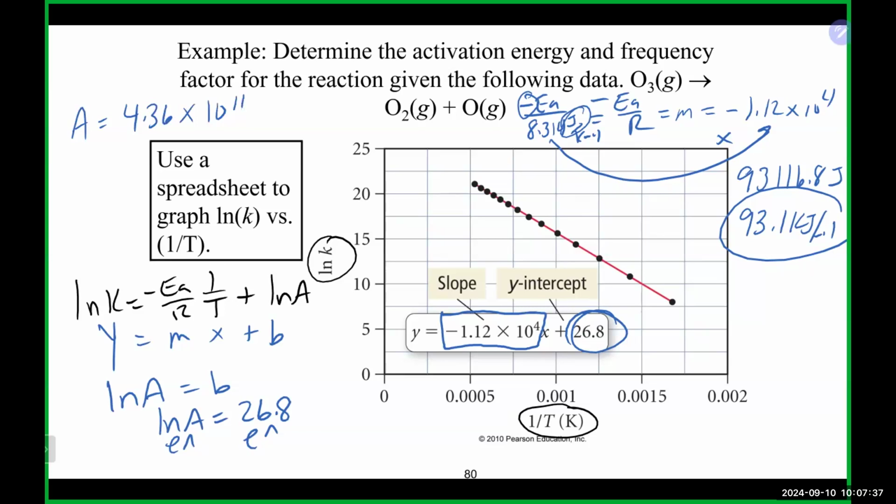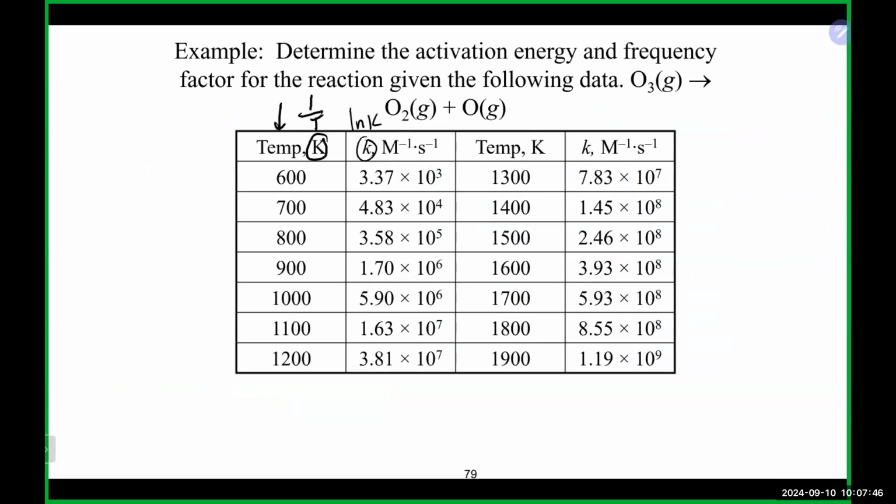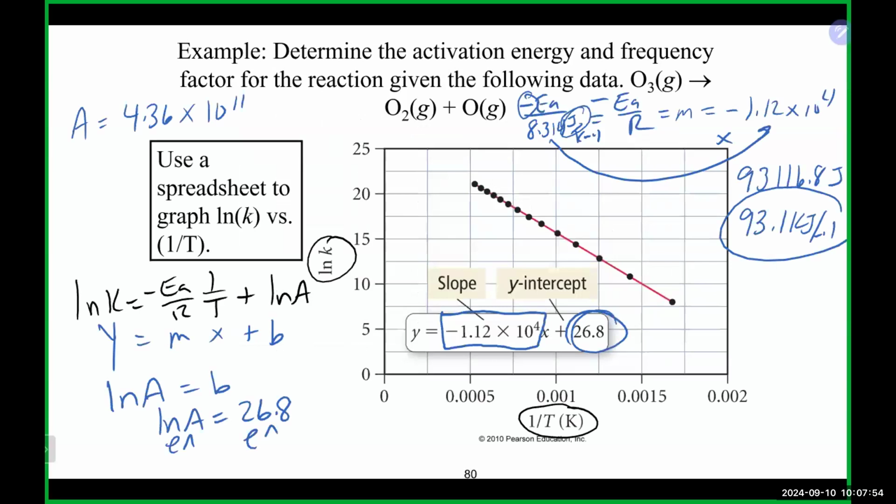Now, when we think about the units of the frequency factor, when we get it from a graph like this, they usually end up being the same units as the rate constant, which in this case is inverse molarity and seconds.